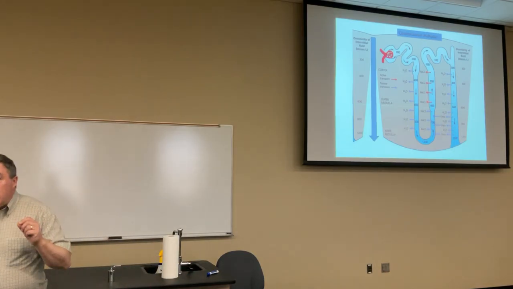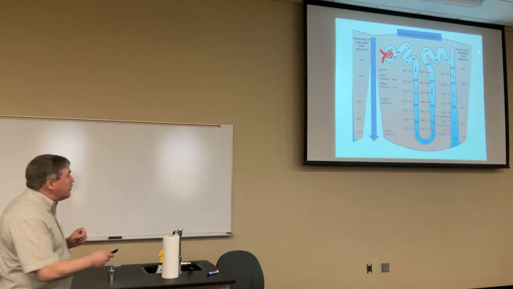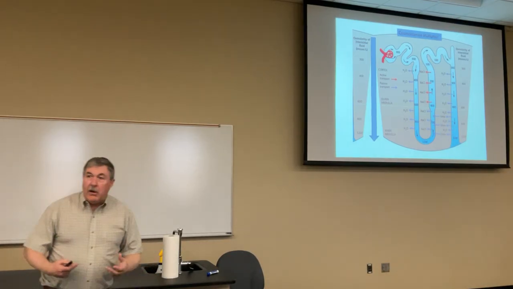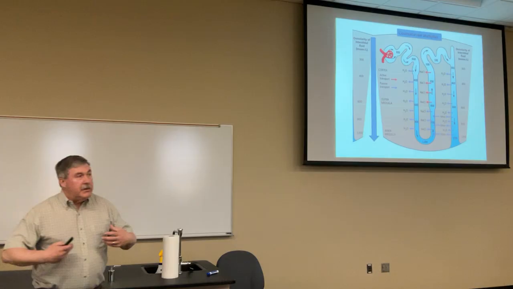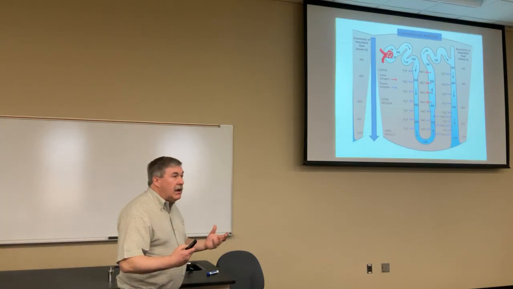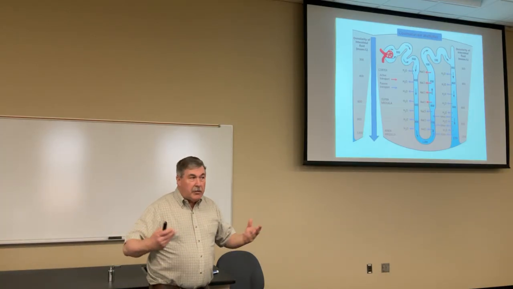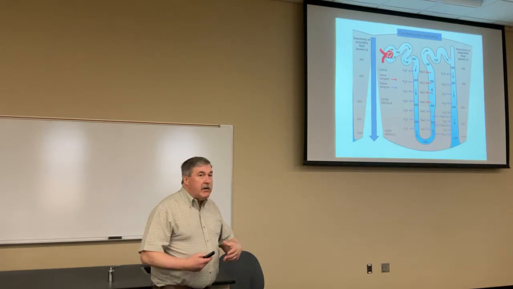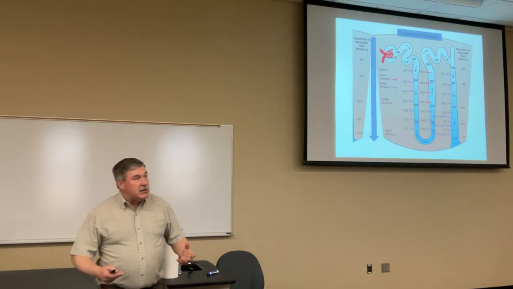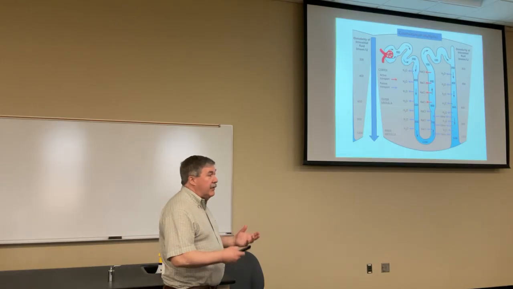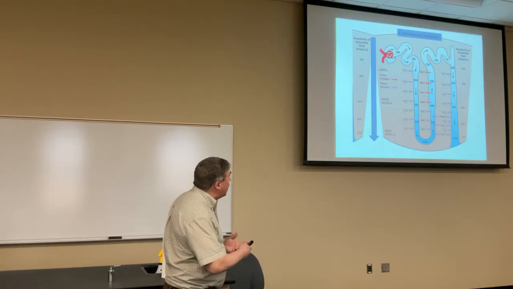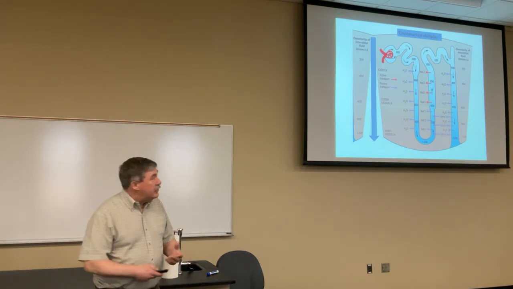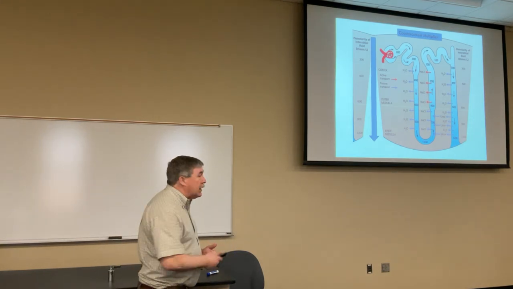But that additional reabsorption that can occur in these two places depends on the osmolarity of our body fluids. If we are very dehydrated and the osmolarity of our body fluids is high, then more water will get reabsorbed in the distal convoluted tubule and the collecting duct.